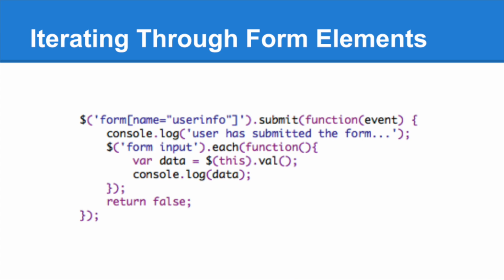So I'm doing it step by step. In theory, this should print out every bit of data the user's entered in the form. If it doesn't, fix it before you carry on. Okay, so I'm checking that every form element is being returned. But I'm still returning false because I'm not ready to submit the form yet. I haven't done my tests.